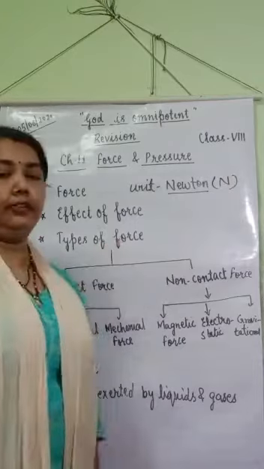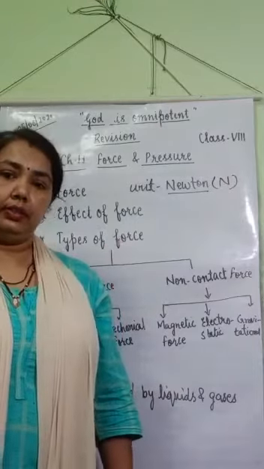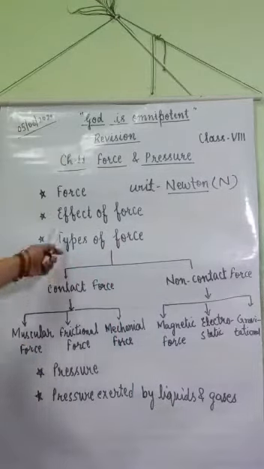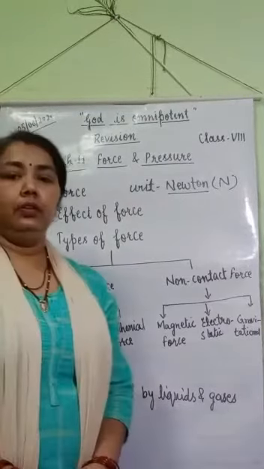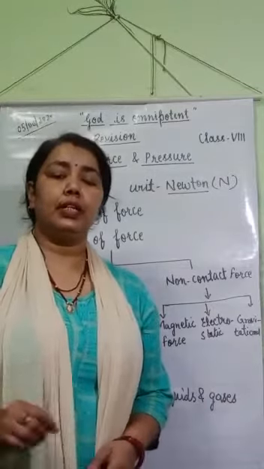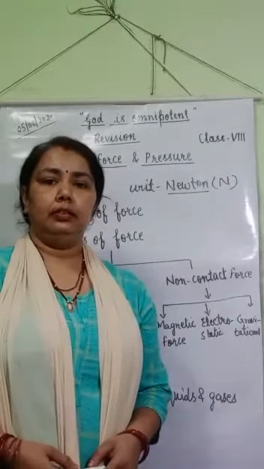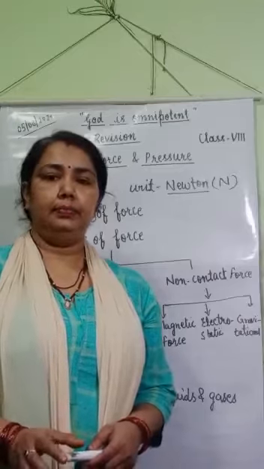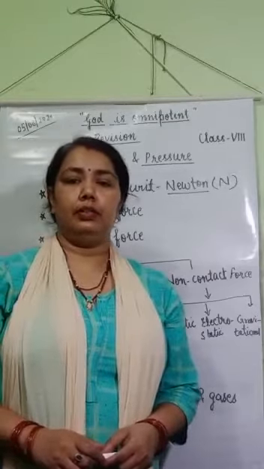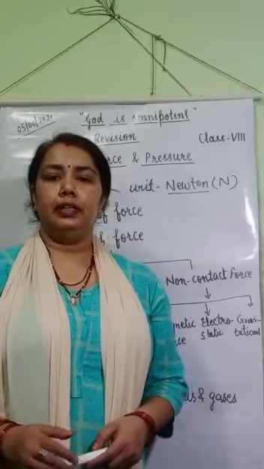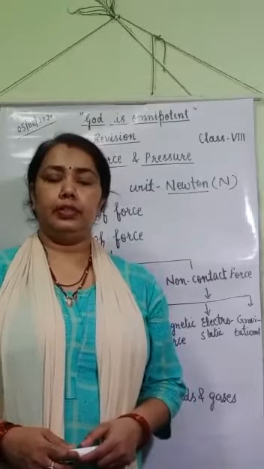Now, effects of force. There are many effects of force. First, force can produce motion in an object. When a ball is placed on the ground and it is at rest, when you push it, it comes into motion.